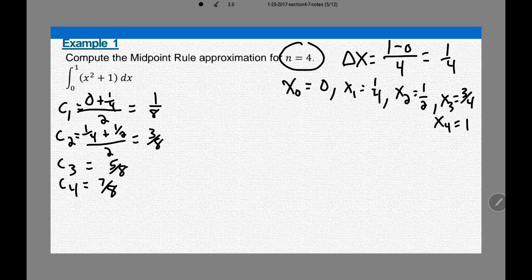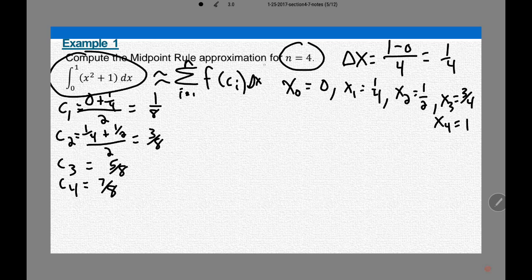So when we do this, we're saying that our integral is approximately equal to the sum from i equals 1 to n of f at these evaluation points times delta x.